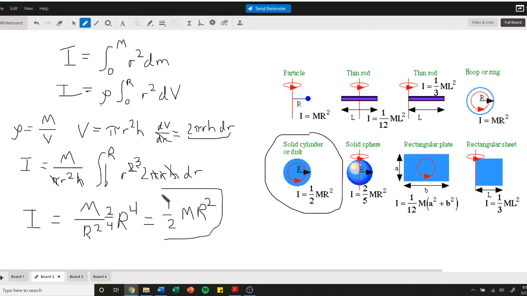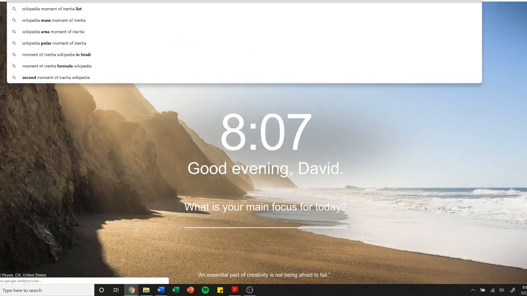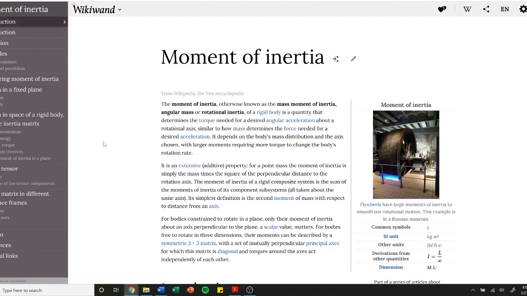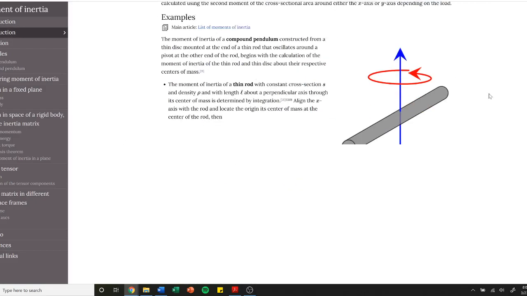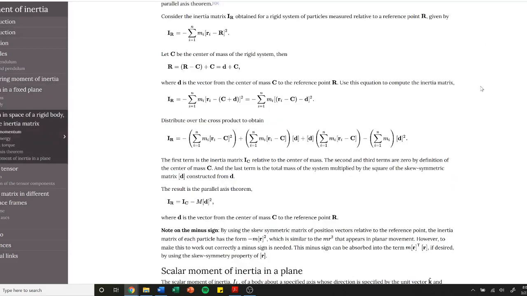So you can do these integrals for all kinds of different shapes, or most people have just tabulated them. You can look up on Wikipedia. I should do this real fast. Wikipedia moment of inertia. If you do this, there's a gigantic list of all kinds of shapes somewhere down here.